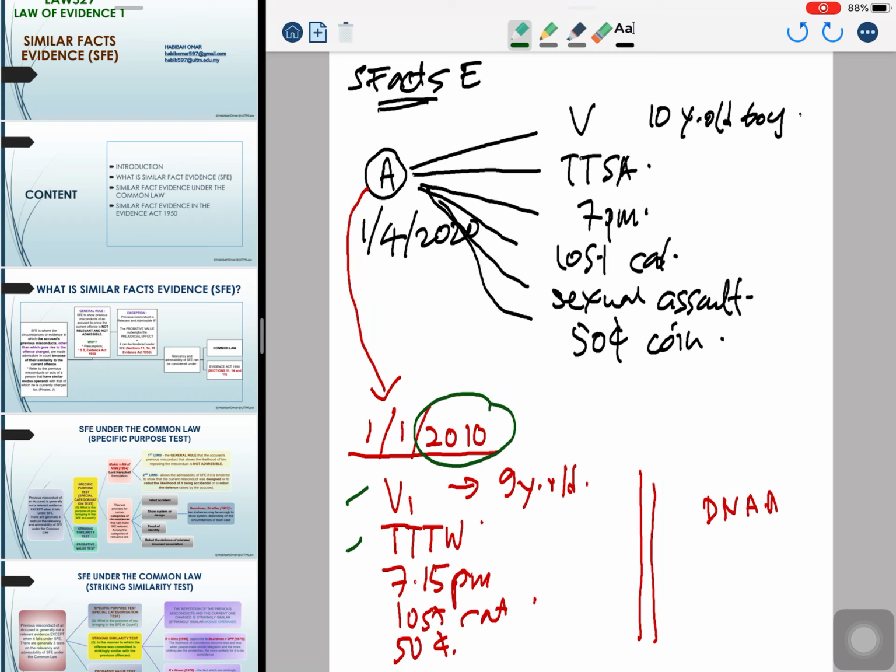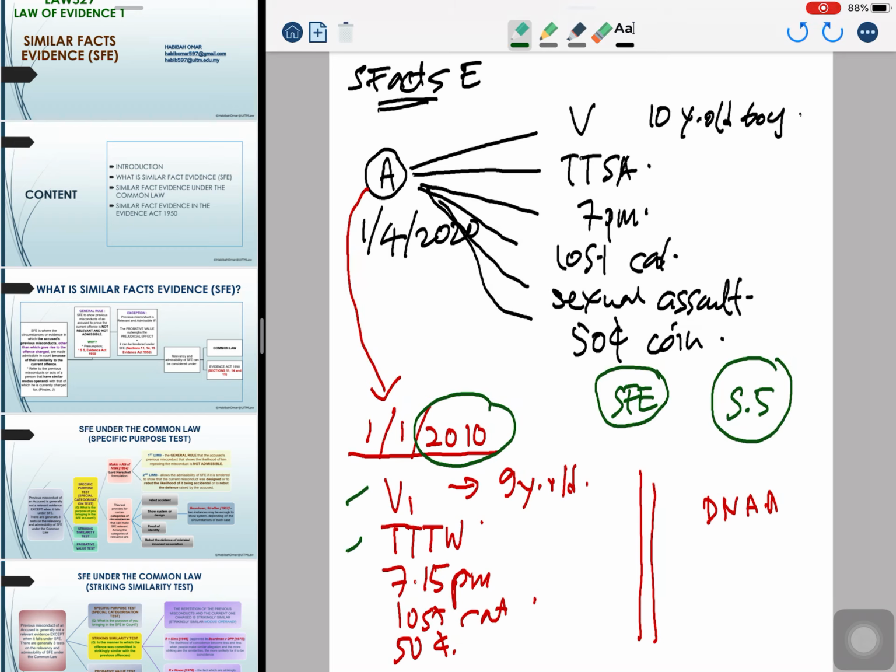This is where, when we look at the relevancy of evidence under Section 5, it goes beyond, it is outside the relevancy situation under Section 5, because we are talking about a different time, different place, different victim, right? That is why, as a general rule, similar facts evidence shouldn't be relevant and admissible. However, there will be a situation where the prosecutor can bring the previous misconduct in 2010 to the current facts in issue if it satisfies the requirements of similar facts evidence.